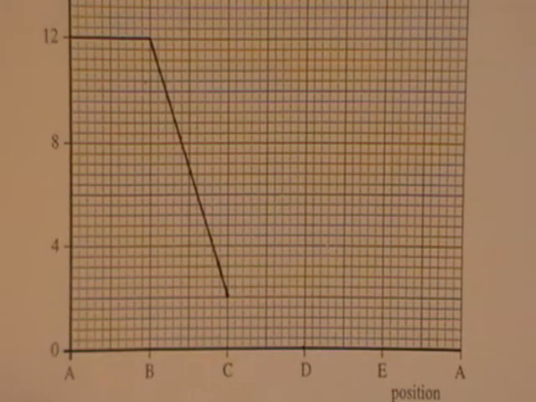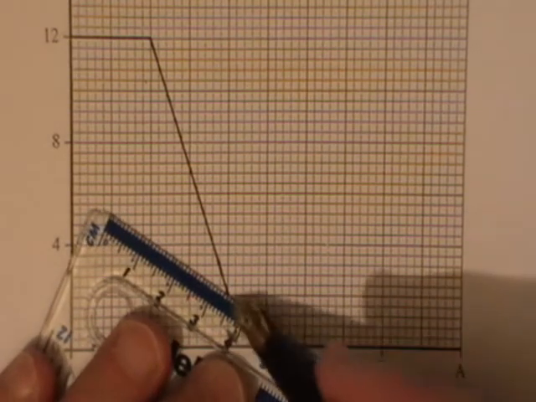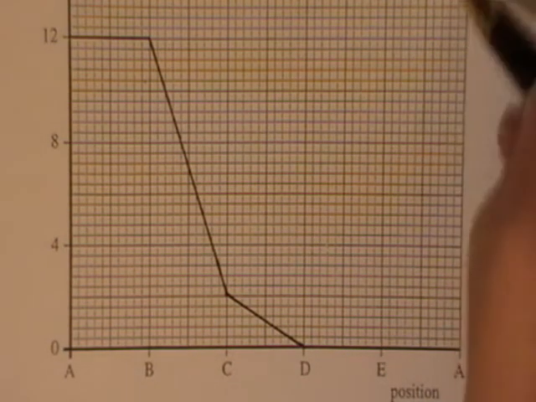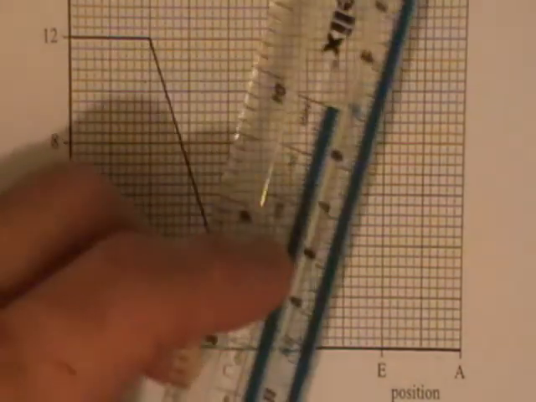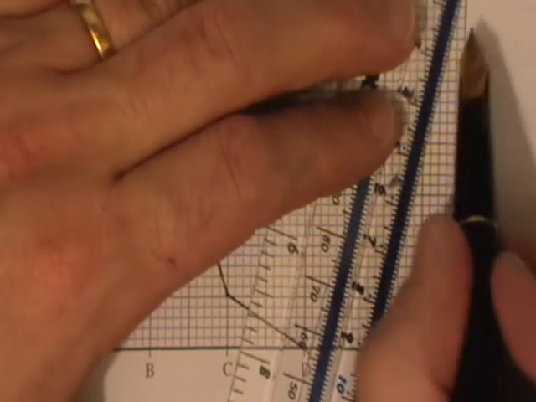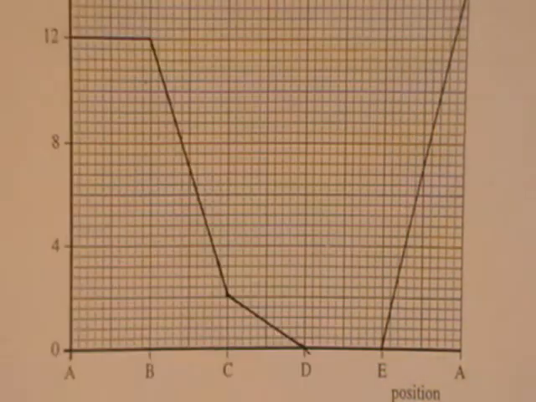Then from C to D it drops a further 2 volts, and stays constant across here. And then from E to A, that's back across the battery, that's where it gains the EMF that it had lost around the circuit, and so it goes up like so. So we have a complete graph.